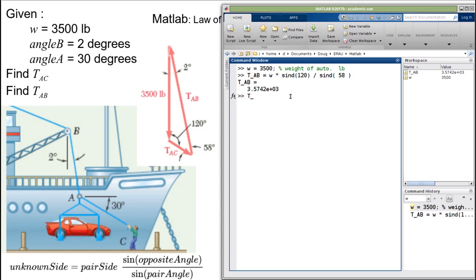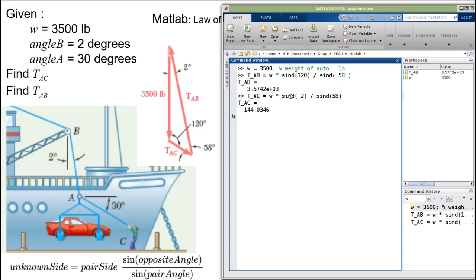And I can do very similar with TAC, equals, again, the pair side times sine. Now here the opposite angle is 2 degrees. Sind of 2 degrees, divided by sind of 58 degrees.